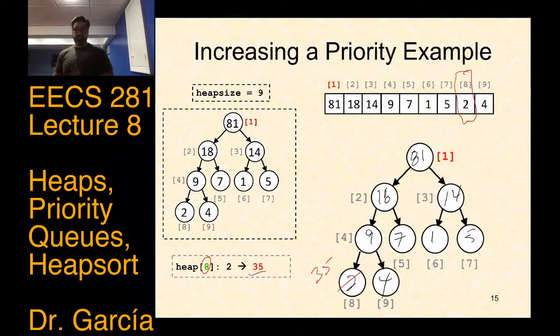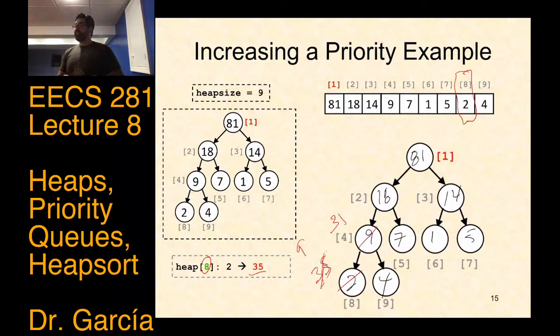Switch them. Yes. Very good. Move it up. Yes. In fact, it's more of a swap, because what we would do then is now 35 becomes 9, and then 9 becomes 35.